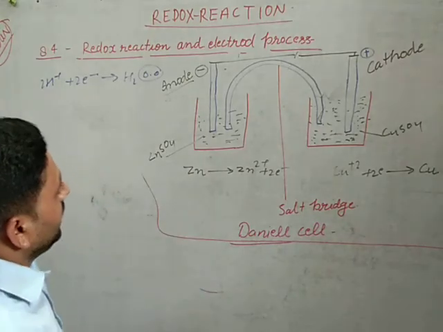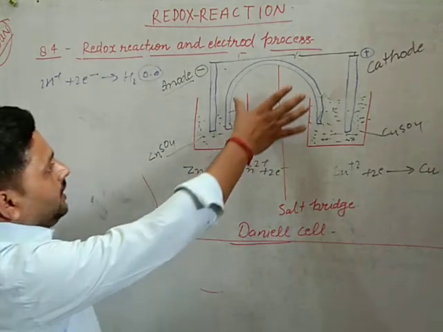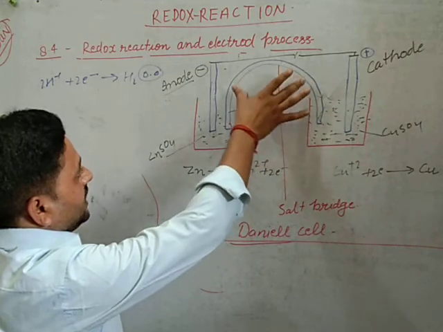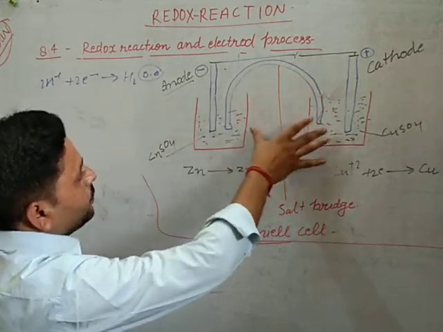The flow of current is opposite to the direction of flow of electrons. So in which direction do electrons flow? Current flows in the opposite direction. Here the work of the salt bridge is to balance the ions in the half cells.